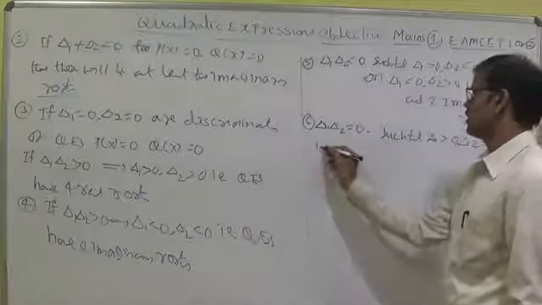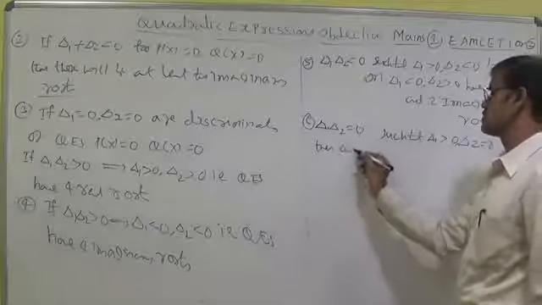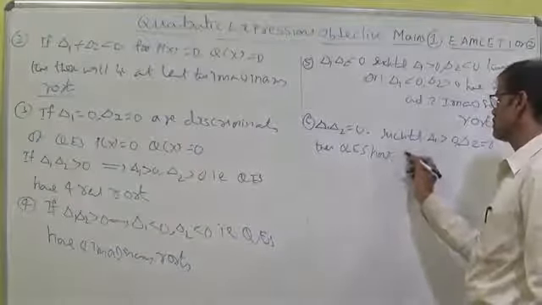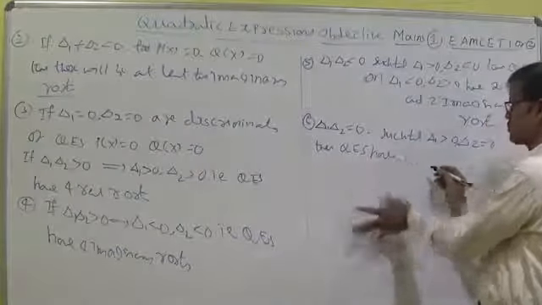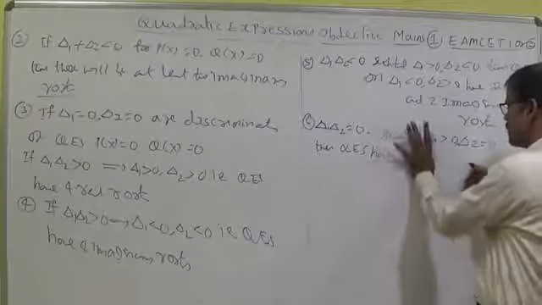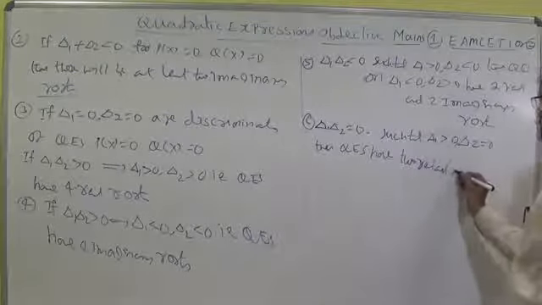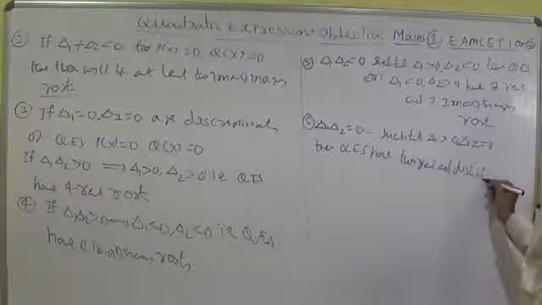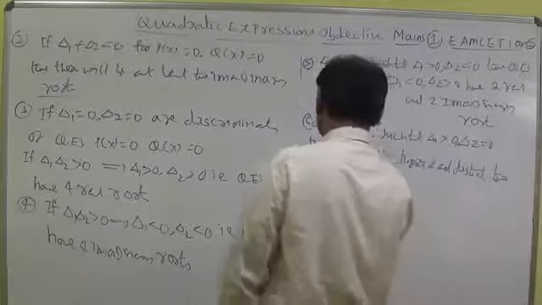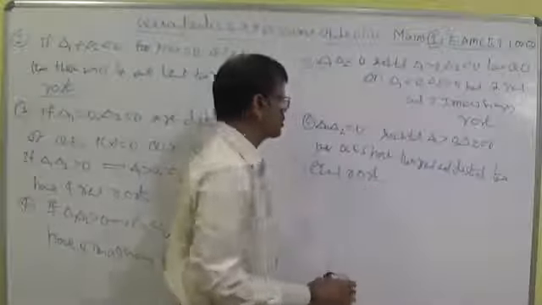Then, if delta 1 greater than 0 and delta 2 equal to 0, Q, the quadratic equations, have two real and distinct roots for the first quadratic equation, and two equal roots. There is a chance of two real and distinct, two equal roots.